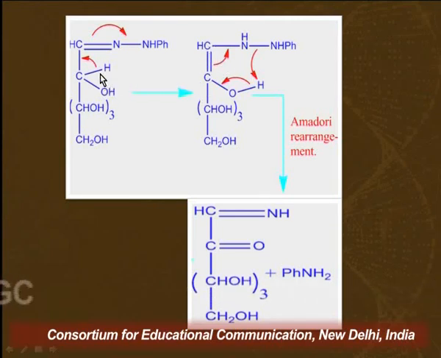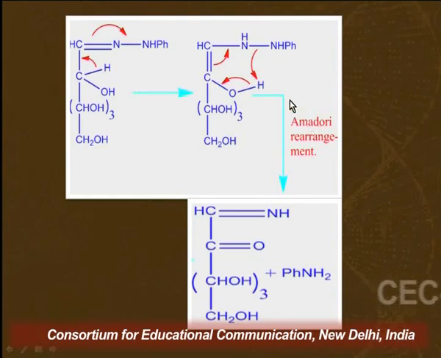That is what happens. These electrons between the carbon and the hydrogen are shifting here because of tautomerism, resulting in the double bond between these two carbons, and these pi electrons will move on to this nitrogen, and this proton will make a bond with NH, resulting in this intermediate. Now here we have the Amadori rearrangement.